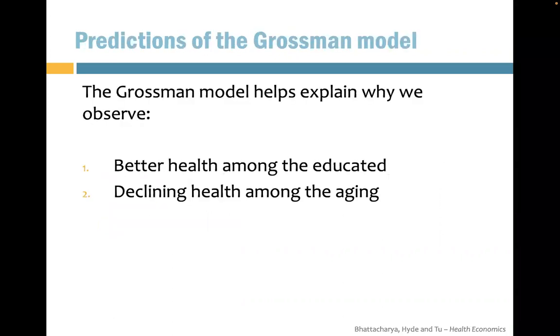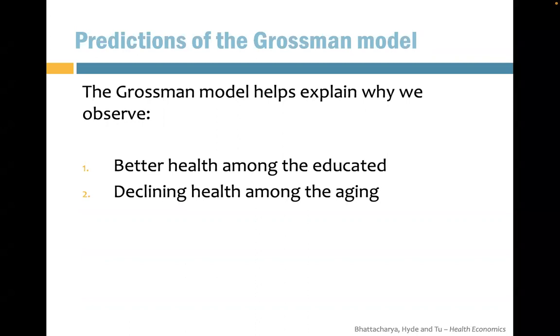If we look back at the Grossman model, we know that the educated have better health. We know that as people age, there will be declining health. So the Grossman model has predicted these trends.